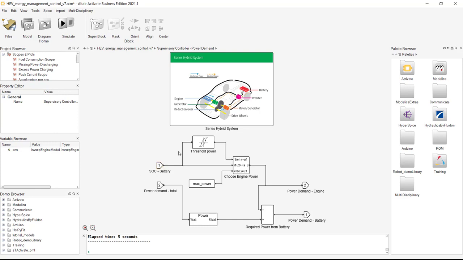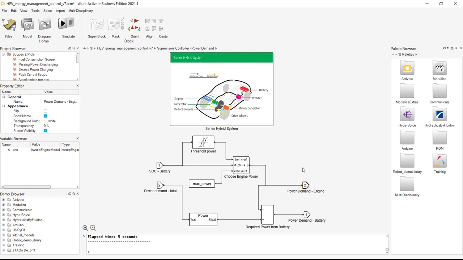And with a little bit of control logic here, this part of the system decides, based on the demanded power at every moment, whether to pull the power demand from the battery, or whether, because of maybe the state of charge of this battery at this moment, if it's too low, under a certain threshold, it won't engage the battery.